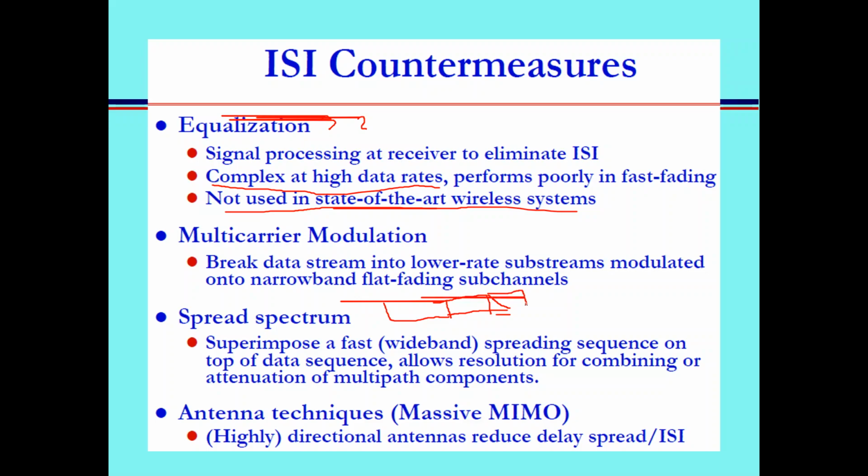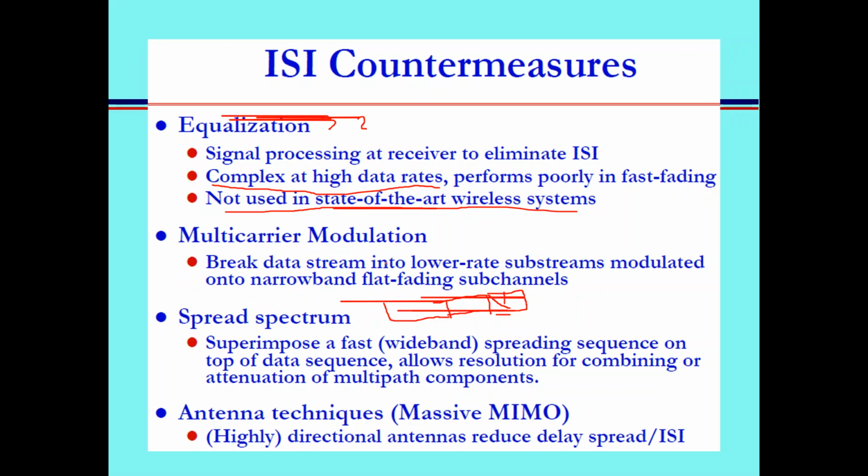Since we have another packet back-to-back here, this affects the data on the adjacent packet. We don't want this to happen. To avoid this, we usually put guard bands, guard times or guard periods where the interference goes within this guard. It's like a protector, protects you against the intersymbol interference.